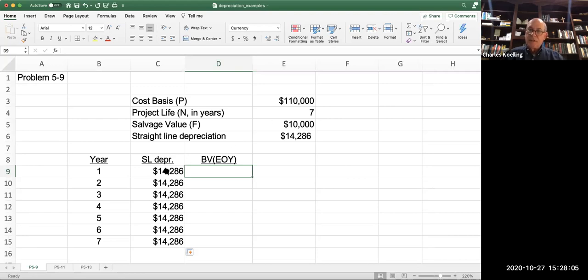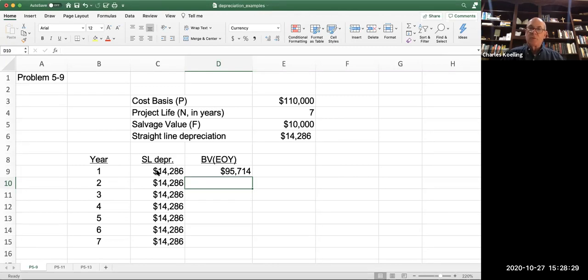And then at the end of the year, that book value has been decreased by the depreciation amount. So for the first year, it's going to be $110,000 minus $14,286. And our book value at the end of that first year is $95,714.